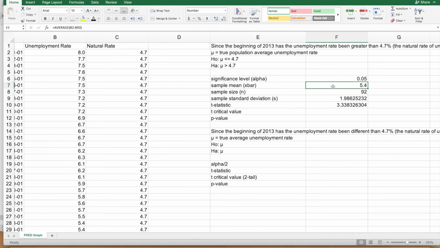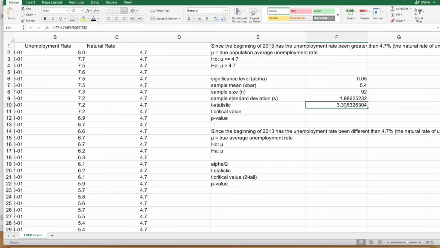it's statistically higher. Well, now we've converted that 0.7, which notice that 0.7 is the numerator of this. This number right here, F7 minus 4.7, is that 0.7. We're taking that 0.7 and we're dividing it by the standard error. So we're converting that 0.7, which is an unemployment rate difference, to the language of statistics, which is standard errors.